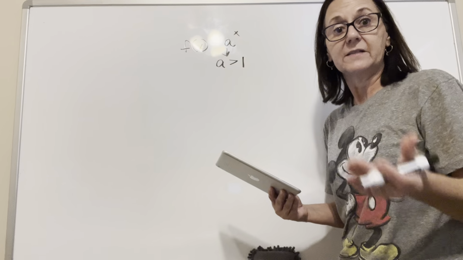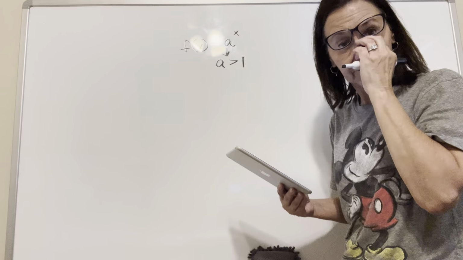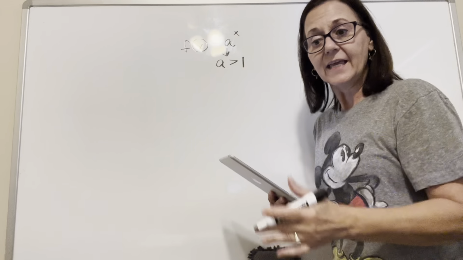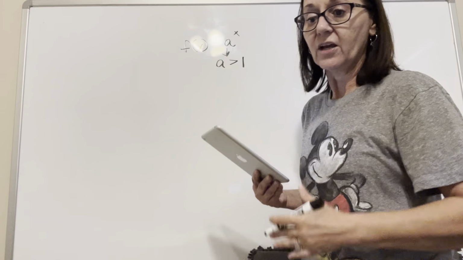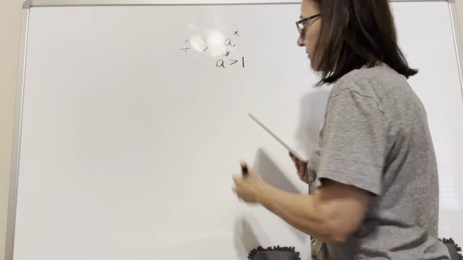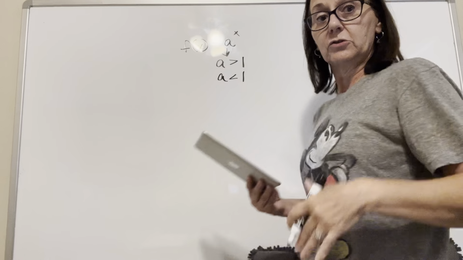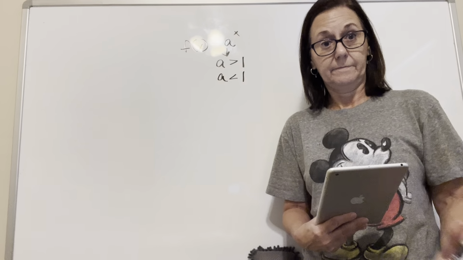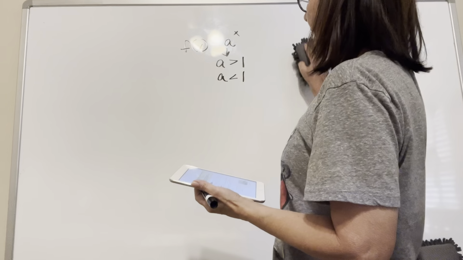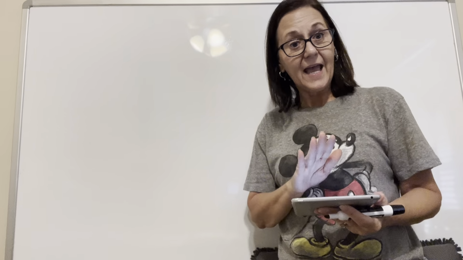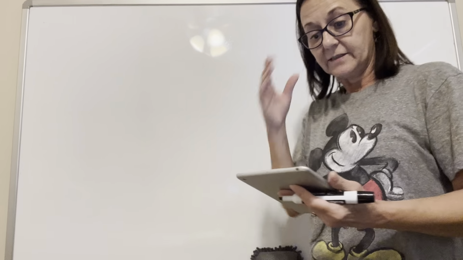And it has been. It's been 1 plus the rate, raised to the time. If it's decaying, or decreasing, then this A value is going to be less than 1. So it's going to be between 0 and 1. And that is the case with radioactive decay.